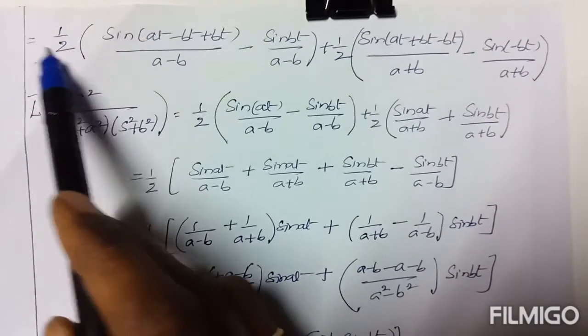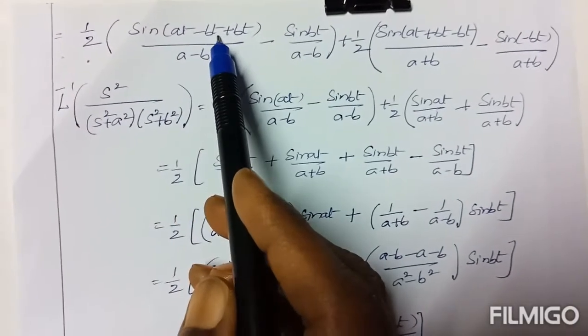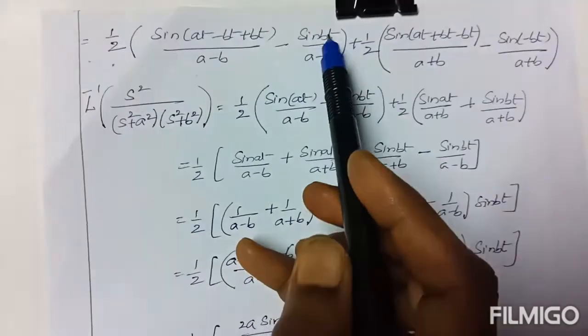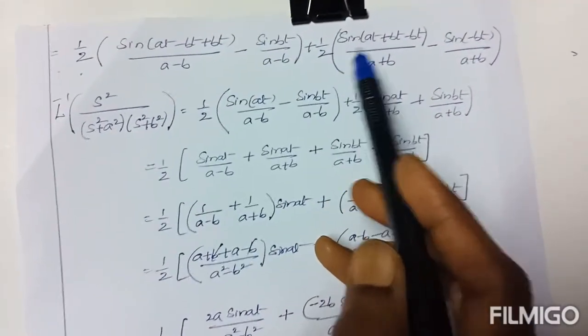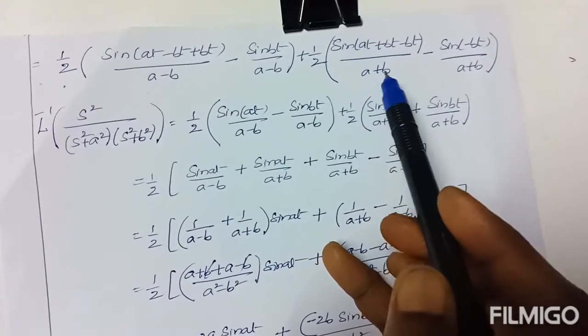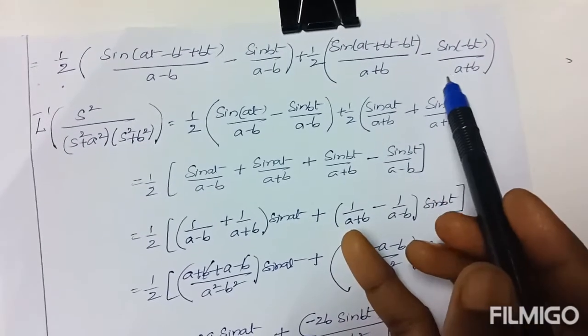Here the next is 1 by 2 into sin of at minus bt plus bt by a minus b, minus sin bt by a minus b. Here next 1 by 2, sin of at plus bt minus bt by a plus b, minus sin of minus bt by a plus b.